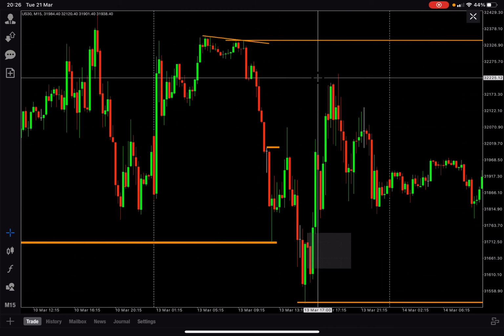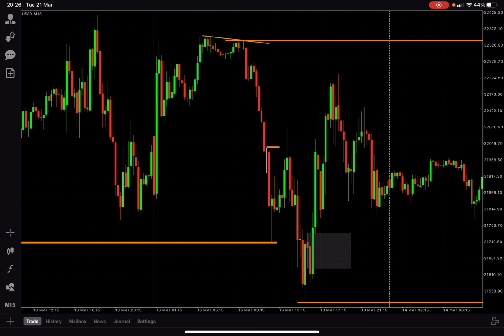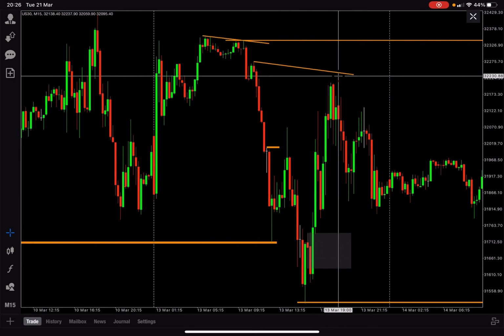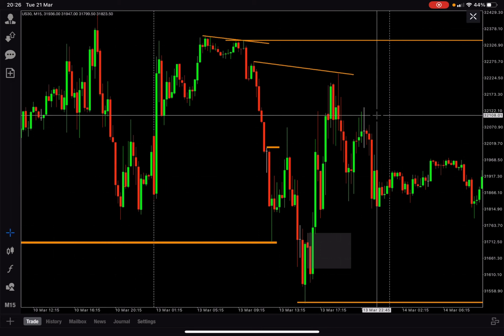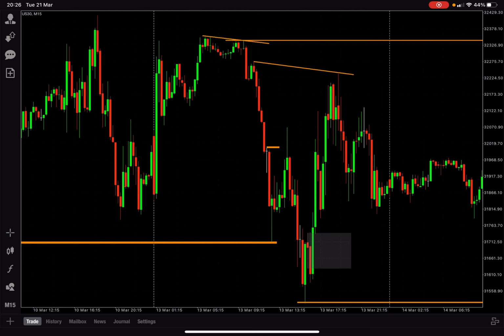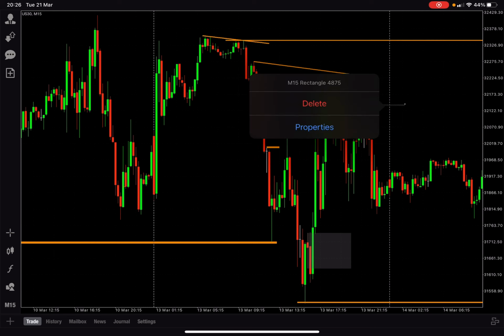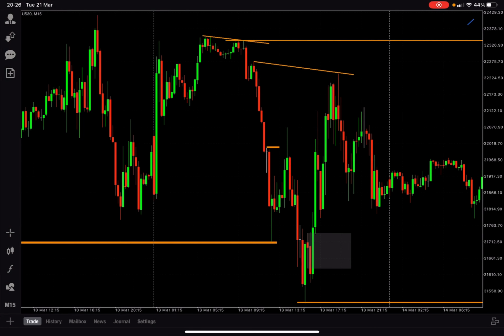Did we leave behind any liquidity? So you have a bit of liquidity there. So this previous high got taken first, moved down. So you have a bit of liquidity there too. So what price is doing, let me get rid of that. I'll just use lines.